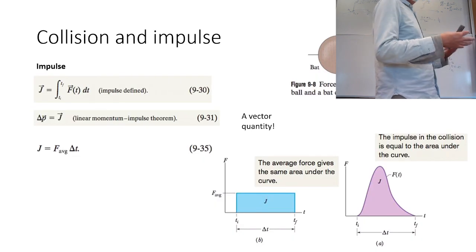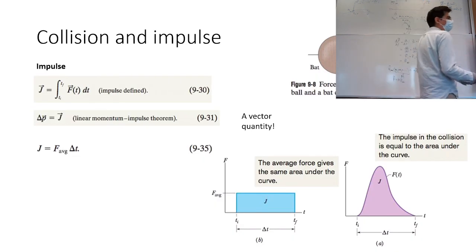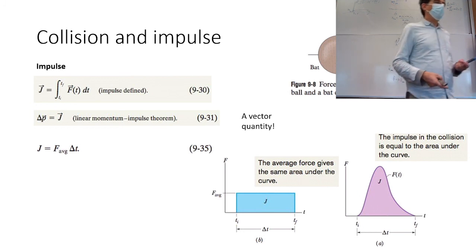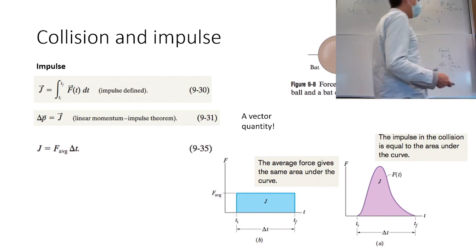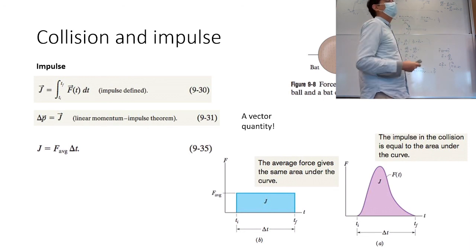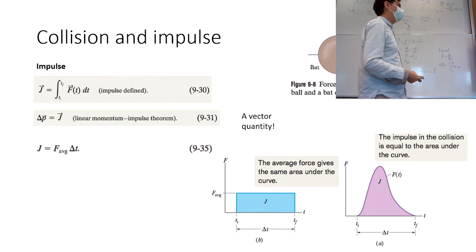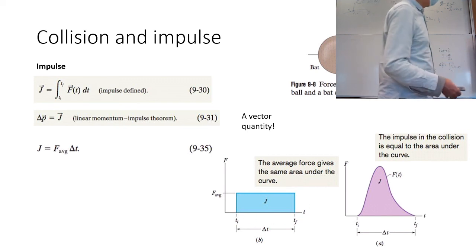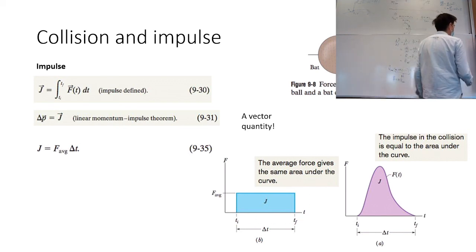It's kind of like an equivalent force that gives the same result, right? So in real life it's like this, but it's a bit too complicated for our tiny minds. So just to give a slightly simpler version of it that gives the same effect, you can instead quote an average force. And this is the way that you do it.